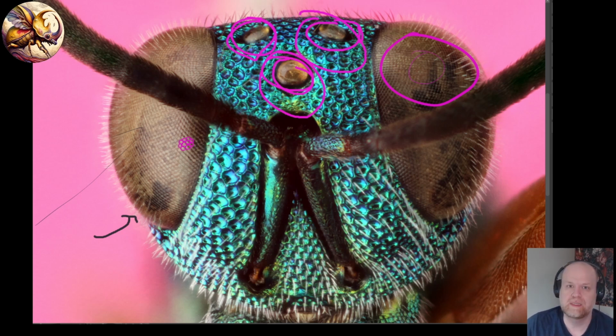But they're very, very simple eyes compared to the compound eyes. This is basically just one large lens with one large photoreceptor inside. So it's not forming complex images or detecting movement across the visual field. It doesn't wrap around to the back of the head or anything like that. They're very simple eyes.